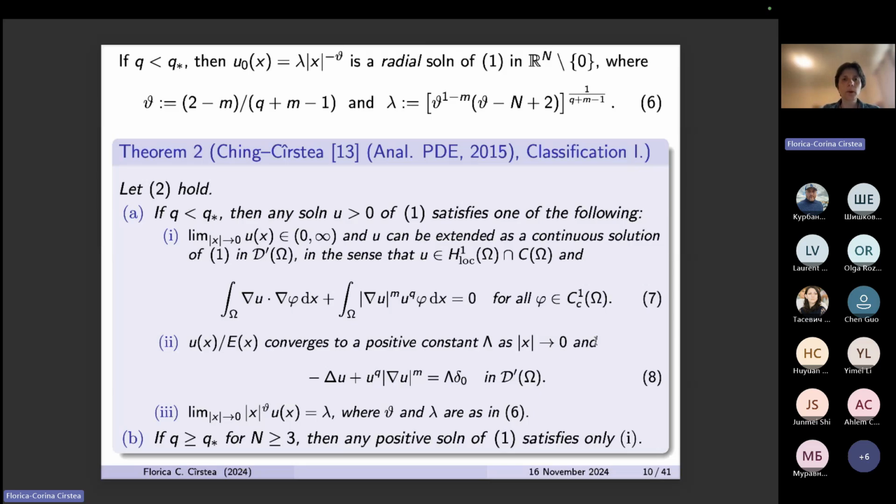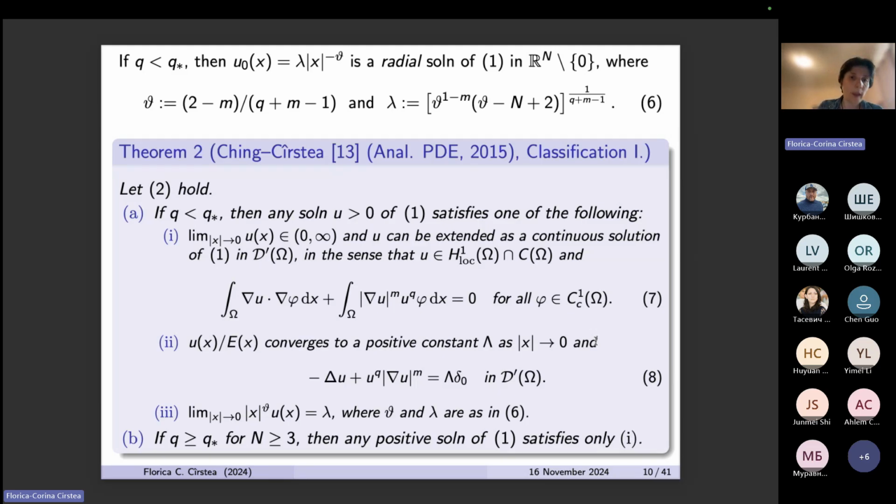And finally, if you quickly want to see a solution that has a strong singularity, it is clearly the one in a power form when Q is less than the critical power Q star. By a simple calculation, lambda times modulus x to the minus theta, with theta equal to (2 minus m) over (q plus m minus 1). Observe that if m is 0, this is the power we saw yesterday, denoted by capital theta, 2 over (q minus 1).